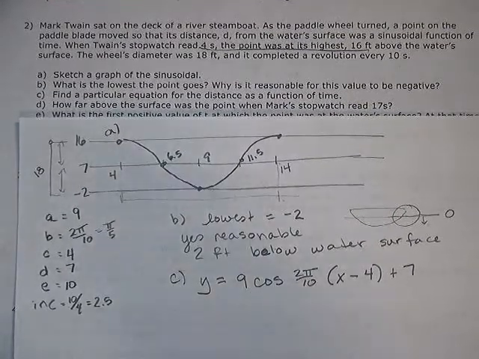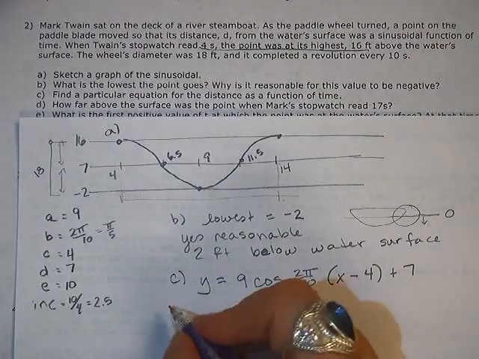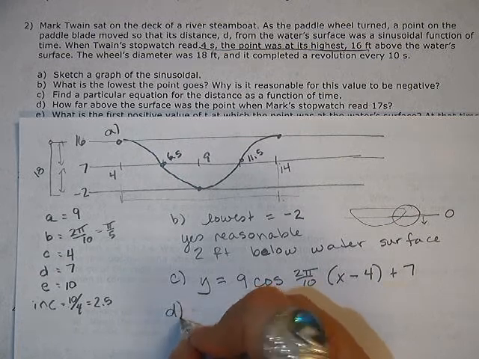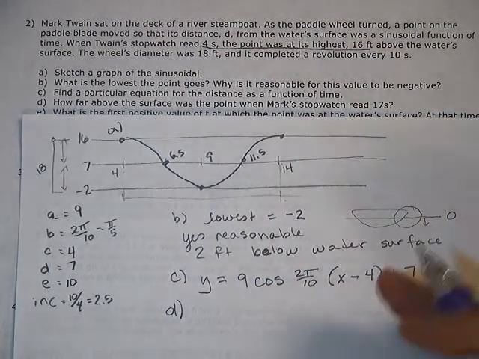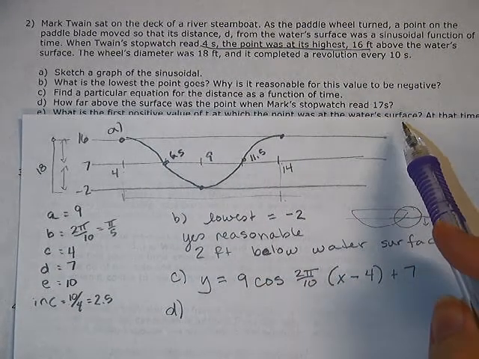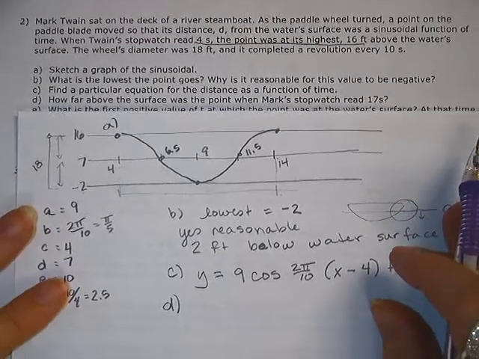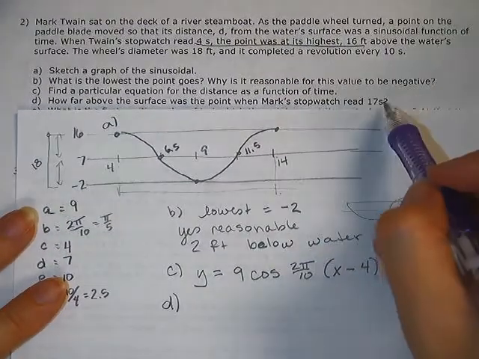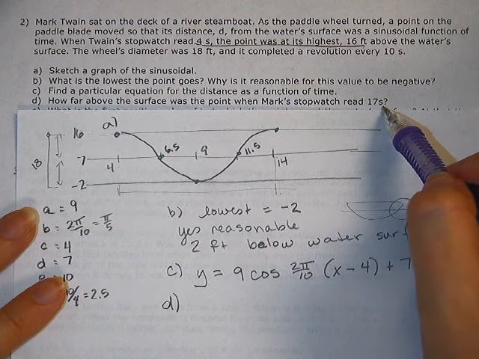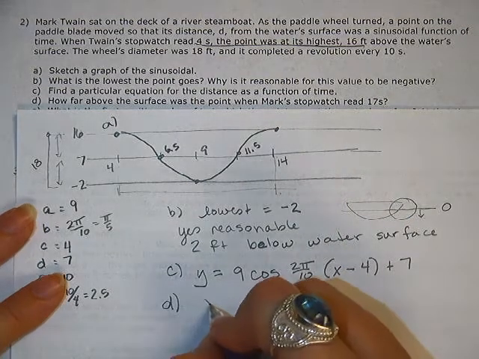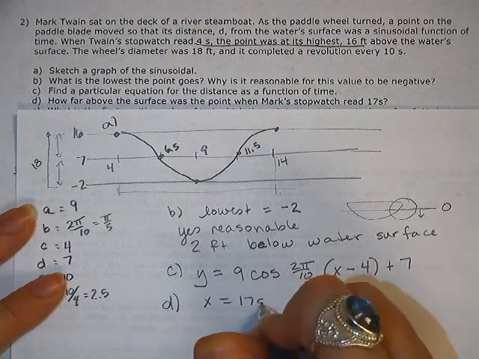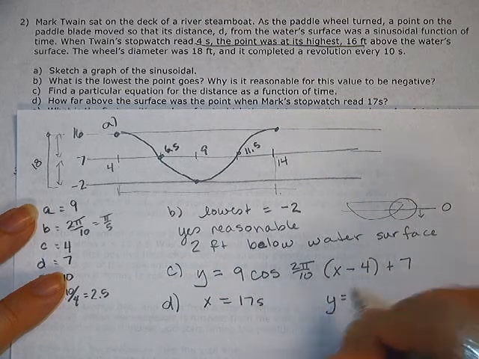D says, where is the water wheel at time 17? So I'm going to put in 17 for x, and I want to know my y value there.